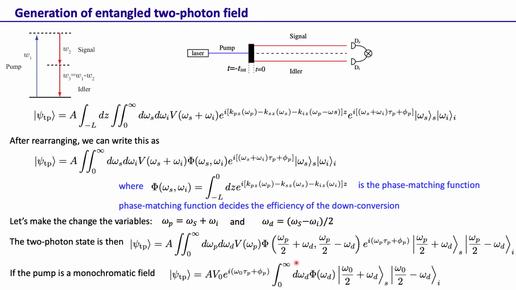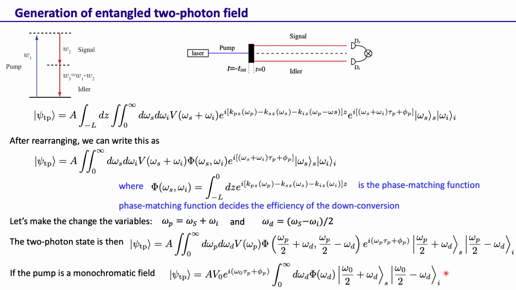Now we can see that this state is not separable. That means it cannot be written as a product of a signal state and an idler state, because this is the signal state, the idler state, and then integrated over. So this cannot be written simply as a product of signal and idler. This is a state that is inseparable in terms of signal and idler. Hence, this is an entangled state.